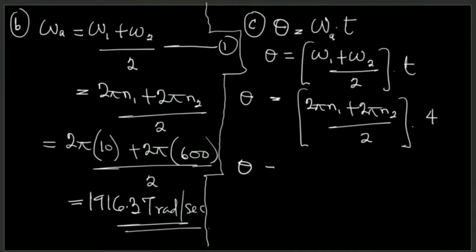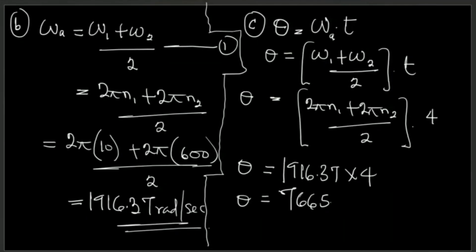Because I think we already calculated that here. We just multiply by 4. We got the average, it's 1916.37 multiplied by 4. The angular displacement will give us what?